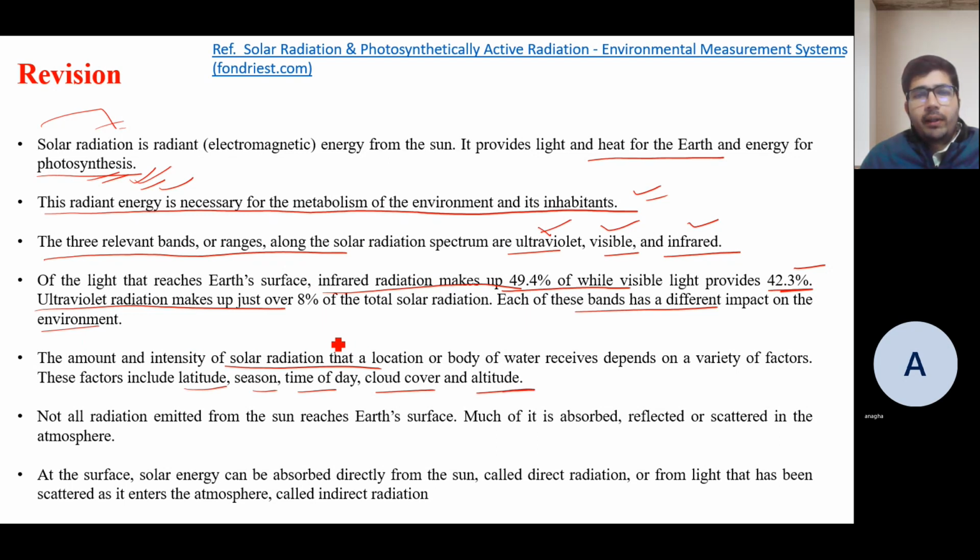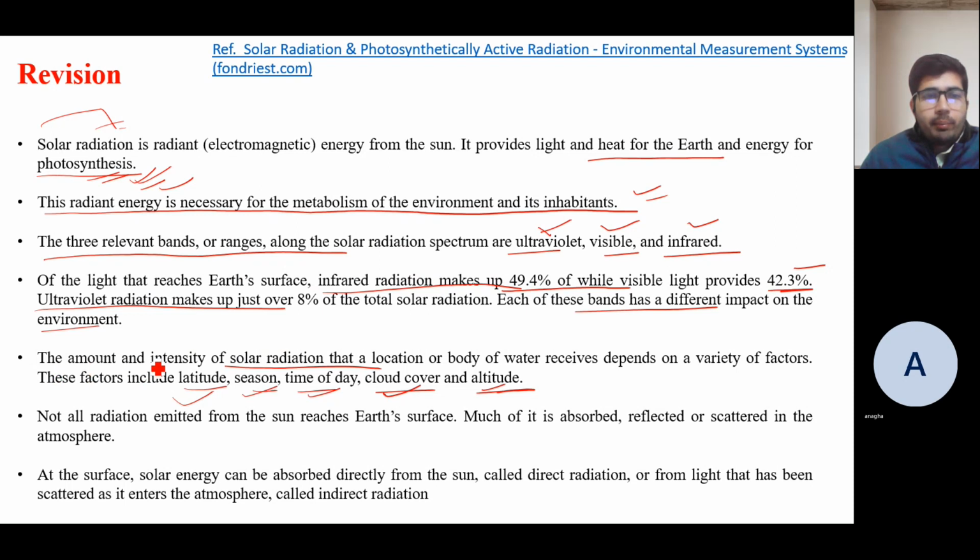These are the important factors on which the intensity of solar radiation for a particular location will depend. What is the latitude? What is the season? Time of the day: is it daytime or nighttime? Cloud cover: how much cloud is there in the sky, or in the atmosphere? And altitude also.